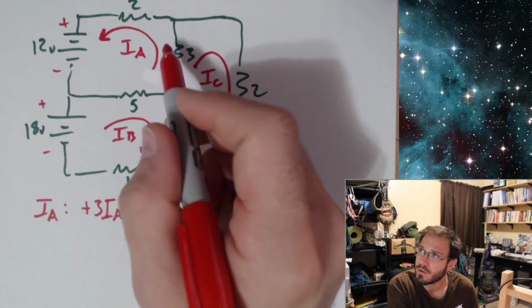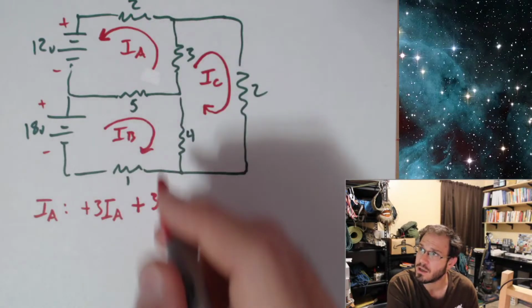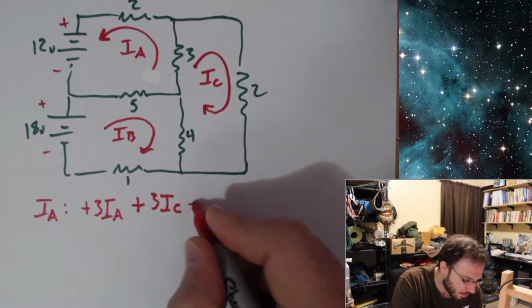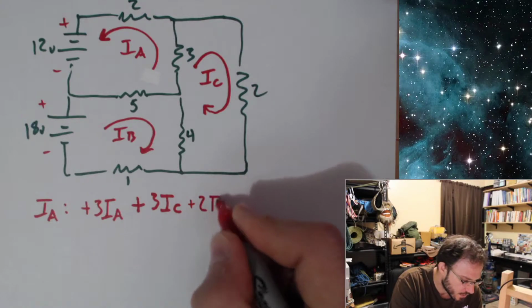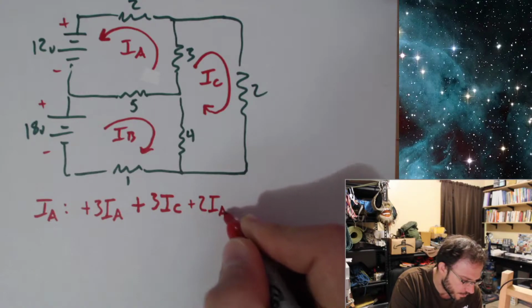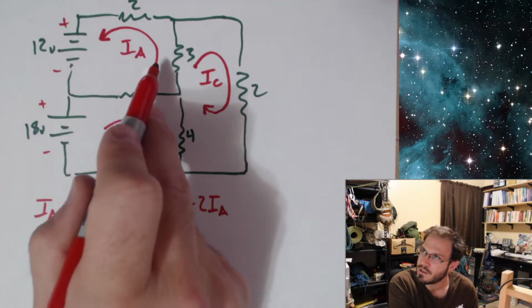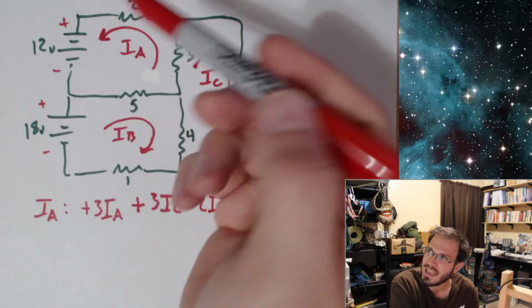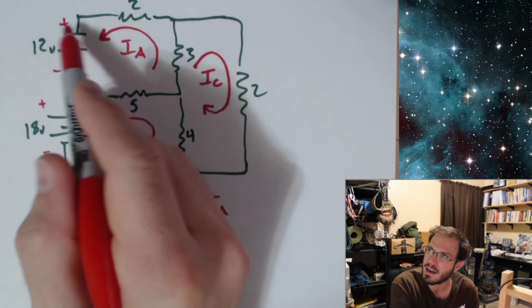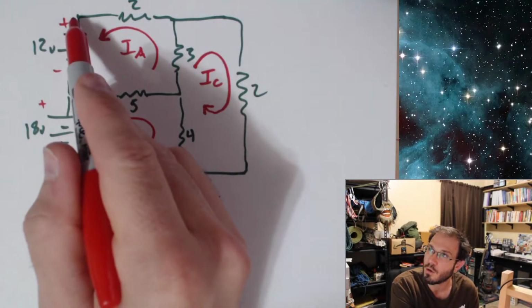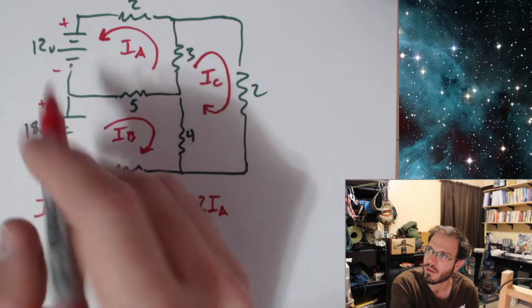Okay, let's go through, and we have this 2 ohm resistor, so plus 2IA, still positive. And now notice the other thing that changed about this. If you notice, our mesh current is now going into the positive side of our 12 volt voltage source, so plus 12.